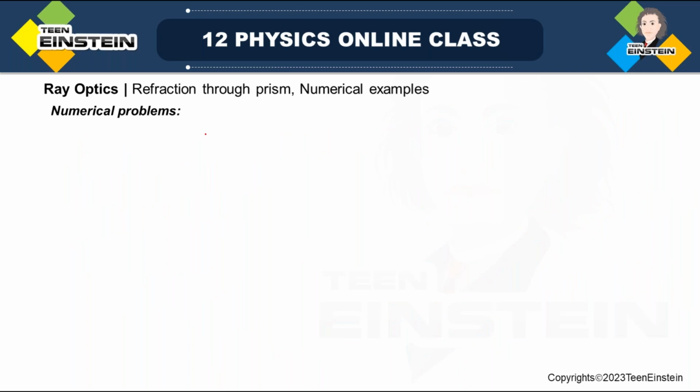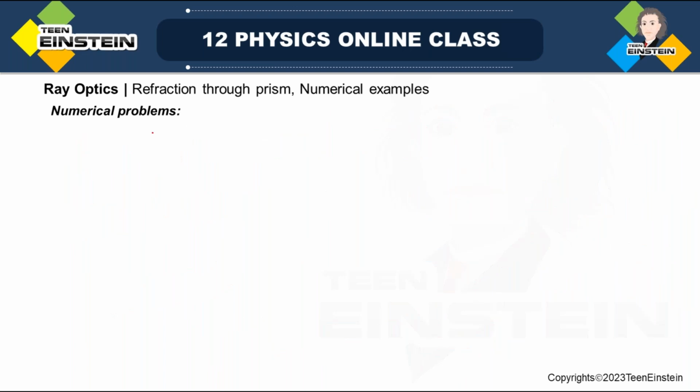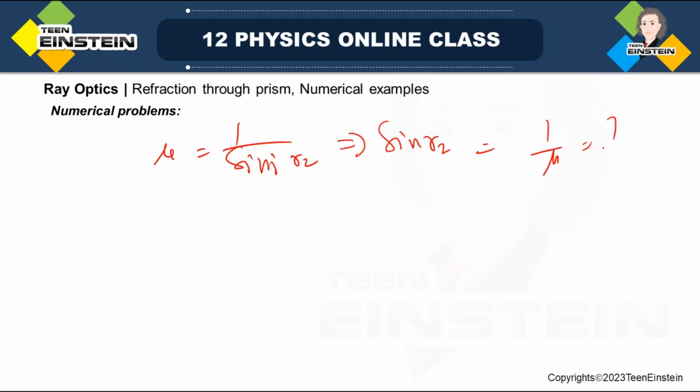So sine R2 is equal to 1 by mu, or 1 by root 2.